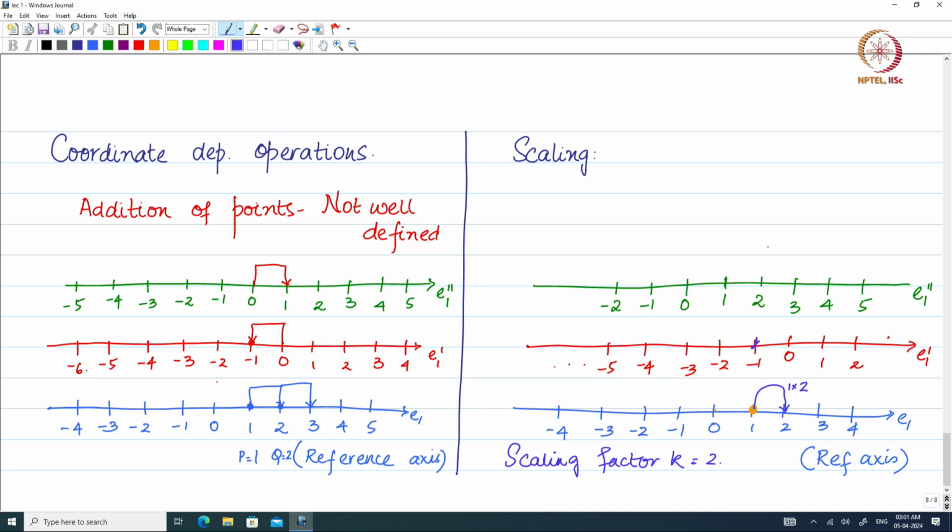If I multiply it by 2, I will go to minus 2 here, and this 1 was corresponding to 2 in this coordinate system. I multiply it by 2 and I go to the point 4, which means even here we see that across the different coordinate systems, the destination that you actually reach, or the result of scaling, does not seem to be the same, they are different. So even here we say that scaling is also not well defined.